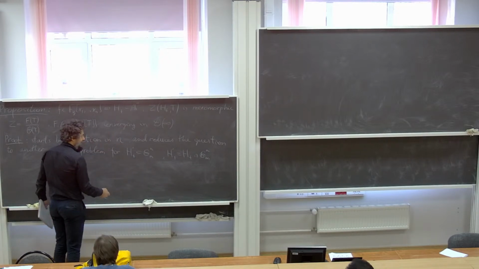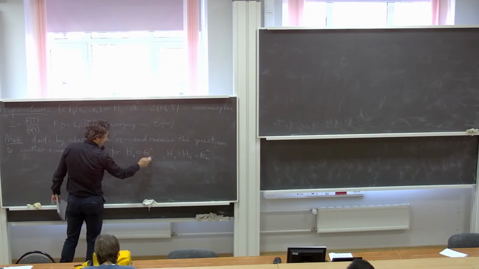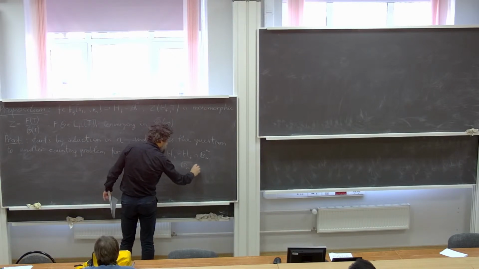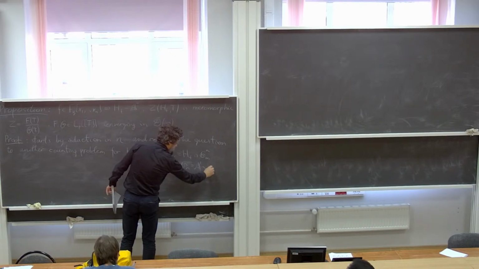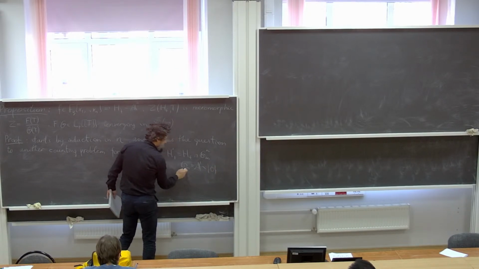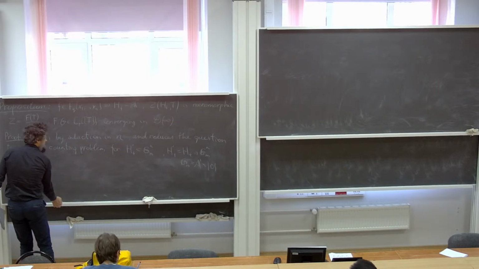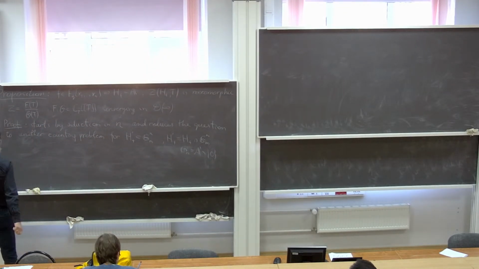Okay, so this is notation: G_m is A1 without zero, the multiplicative group. So that's why it's called G sub m.